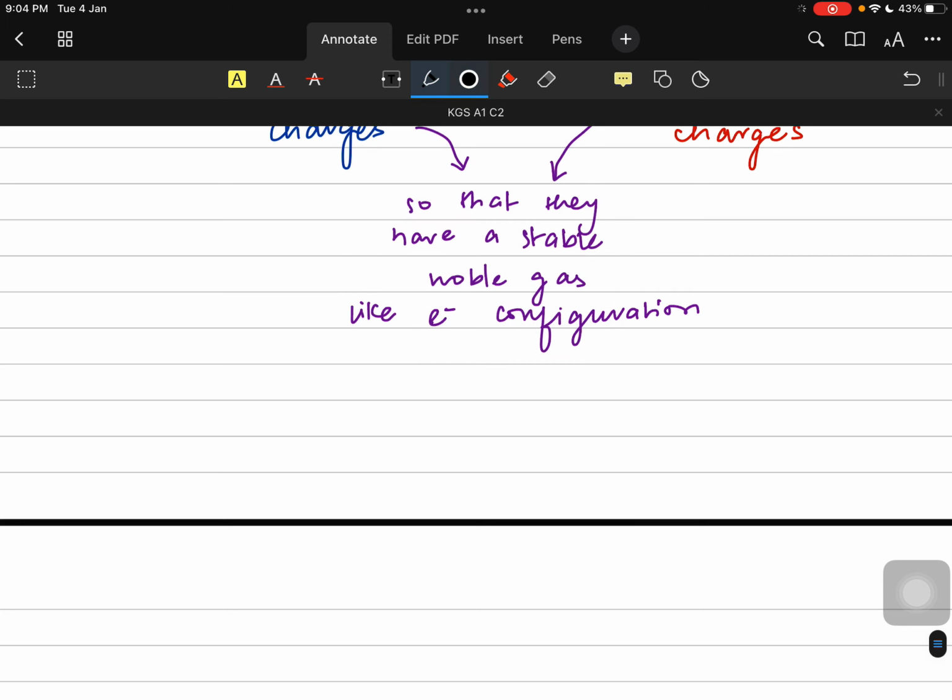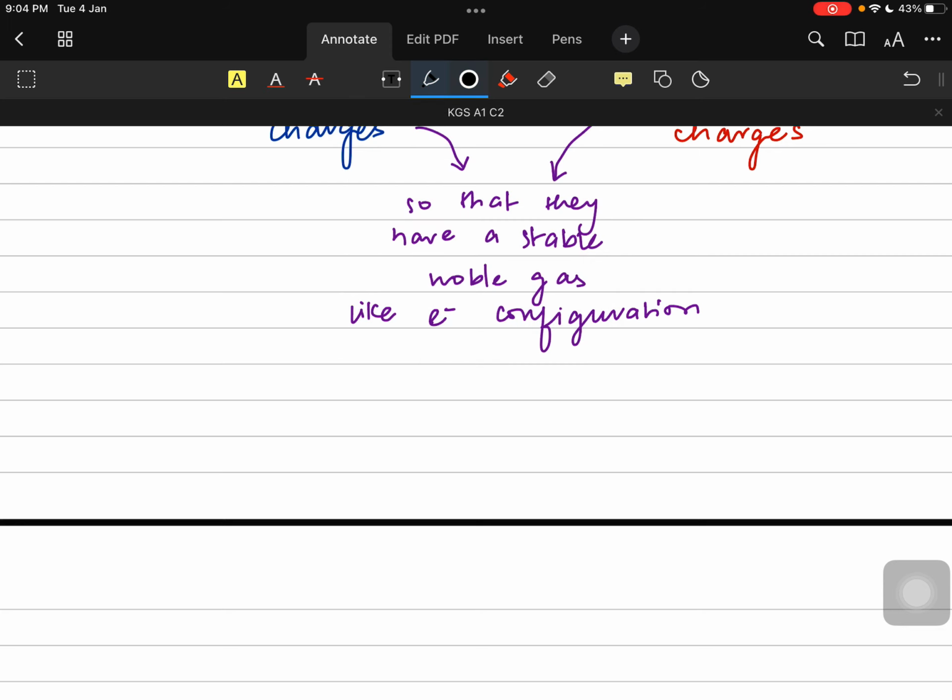Now, one thing we all know about the periodic table is that it has the elements in the order of groups. Group numbers 1, 2 and 3 are metals, while group numbers 4, 5, 6 and 7 are non-metals.